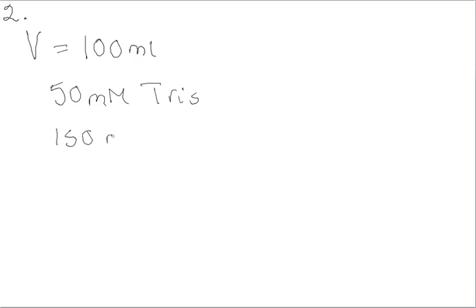In the second example, you should prepare 100 milliliter of a buffer, that is, the volume is 100 milliliter of a buffer containing 50 millimolar of tris, 150 millimolar of sodium chloride, and 10% of glycerol.